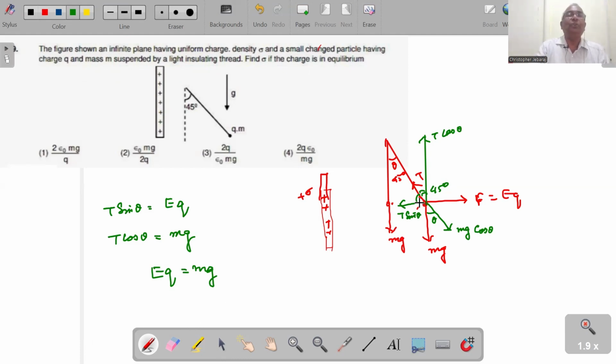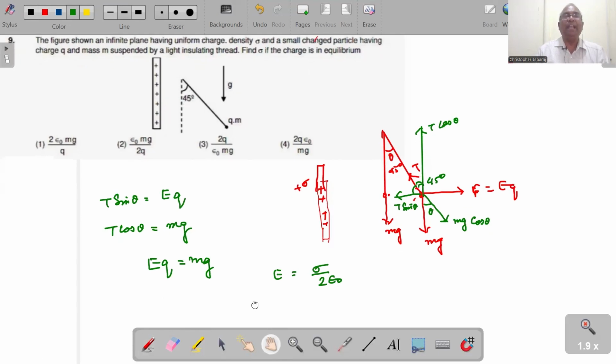What is E? Electric field due to the plane sheet. We know the formula. E equal to sigma by 2 epsilon naught. Electric field at a point due to a long sheet having charge density plus sigma. So we have to take out sigma. Instead of E, we will have sigma by 2 epsilon naught into Q equal to mg. We wanted to take out sigma.